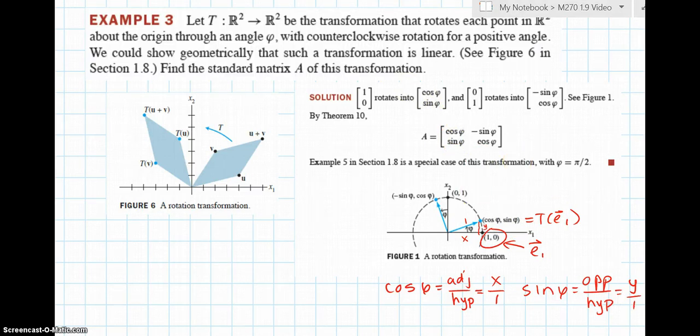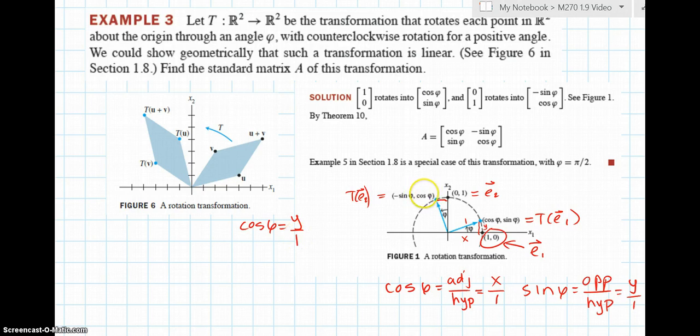The next one, T of E2, is a little harder to see. This one is E2, and this would be T of E2. To see that, I'm going to take cosine of phi. Remember, it's the adjacent over the hypotenuse. Make a triangle here. The adjacent is the y of that angle, the y value over the 1.